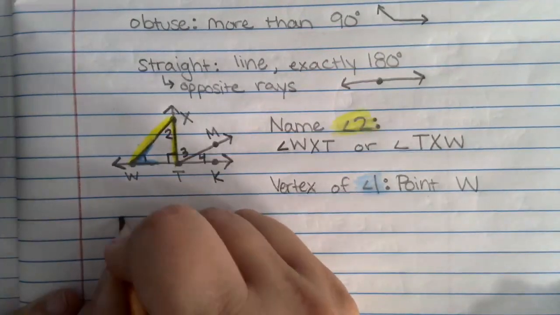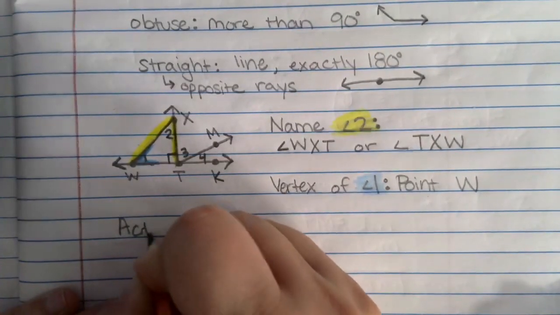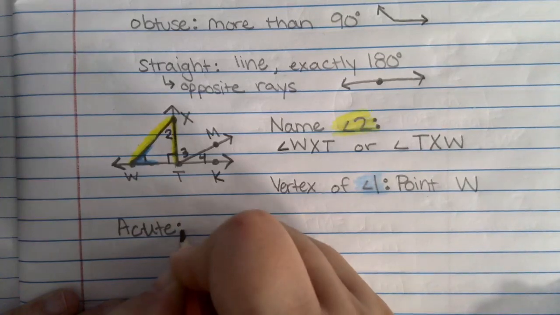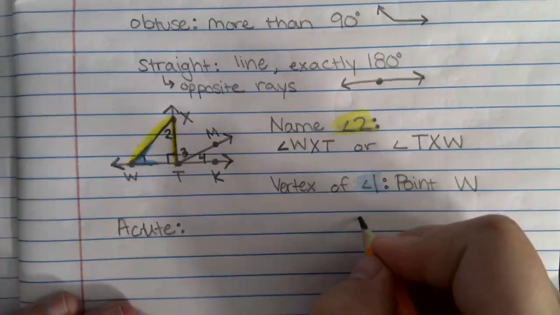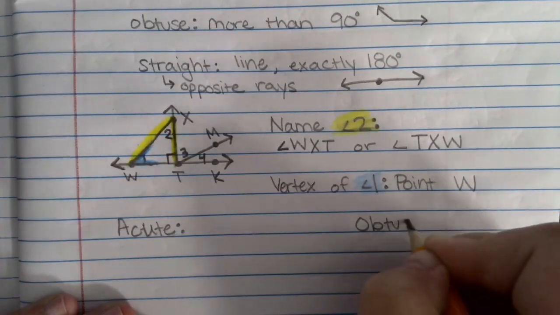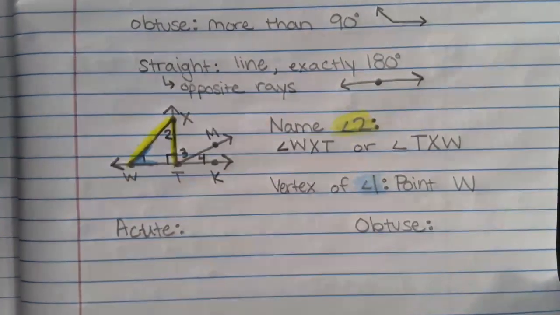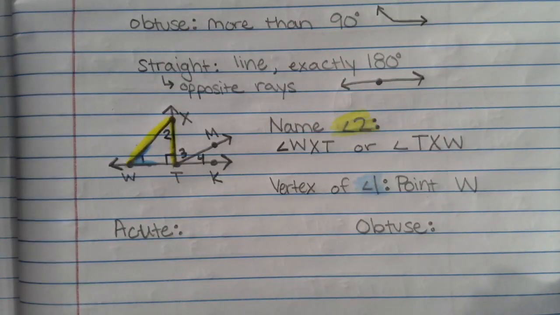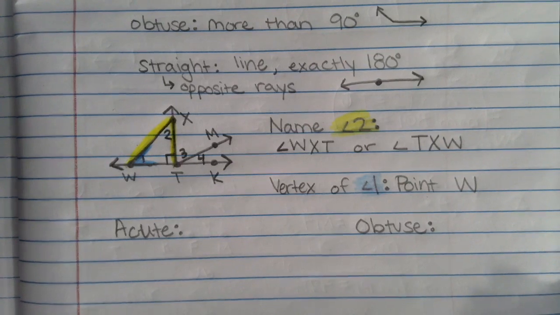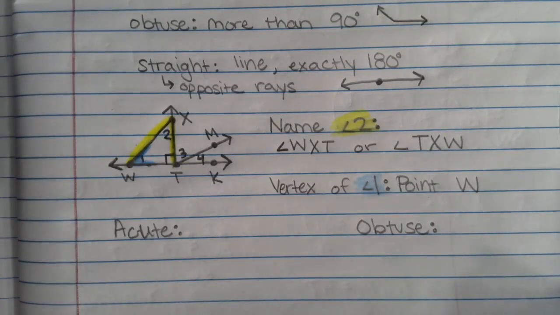And then let's just name 2 parts here. We're going to name an acute angle, which there's a lot to choose from. And we're going to name an obtuse angle. So if you want to look ahead, think, where could I find an acute angle? Where could I find an obtuse angle? And let's do straight also, I suppose.